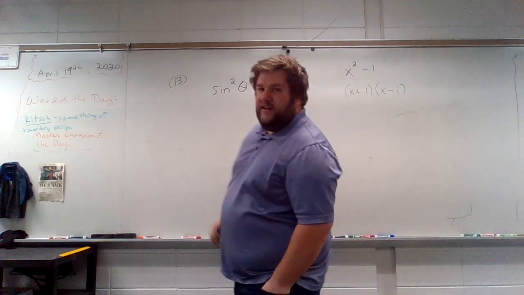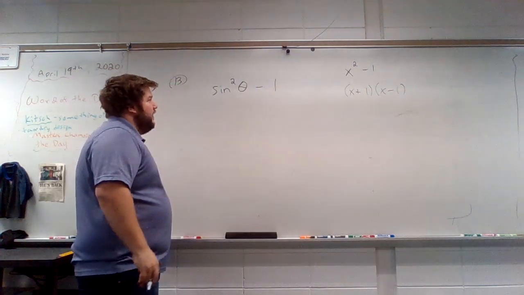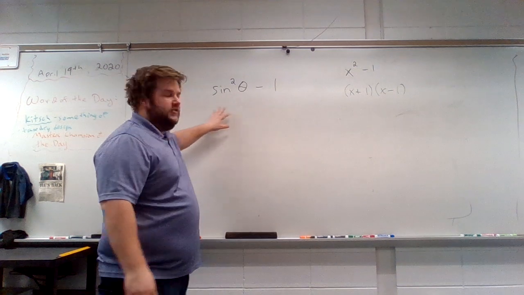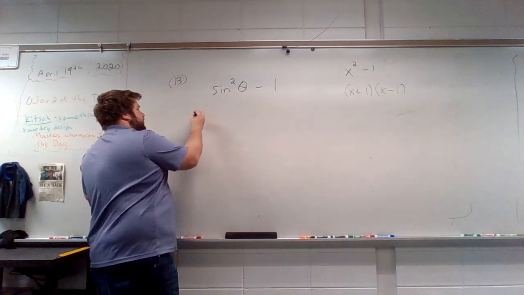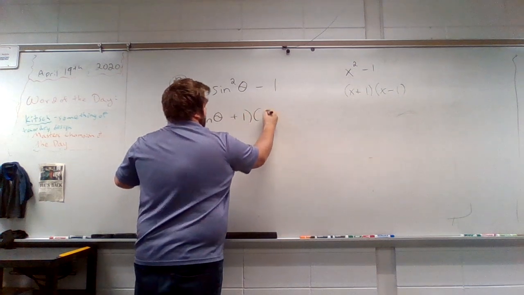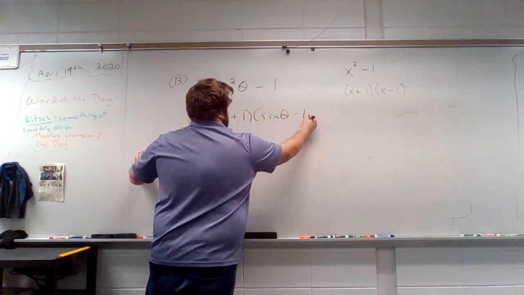So if I have something like sine squared theta minus 1, how do you think that would factor just by pattern recognition? This would just be sine theta plus 1 times sine theta minus 1, right?